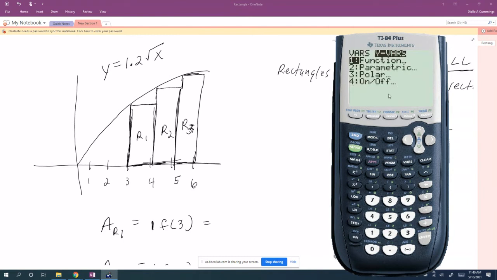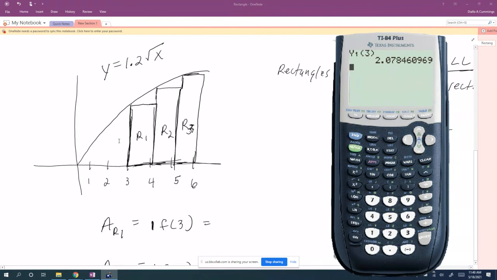So variables, y variable, I want function. I want y sub 1, because we have y sub 1 stored as 1.2 times the square root of x. And I can evaluate that when x is 3. And I get 2.078.